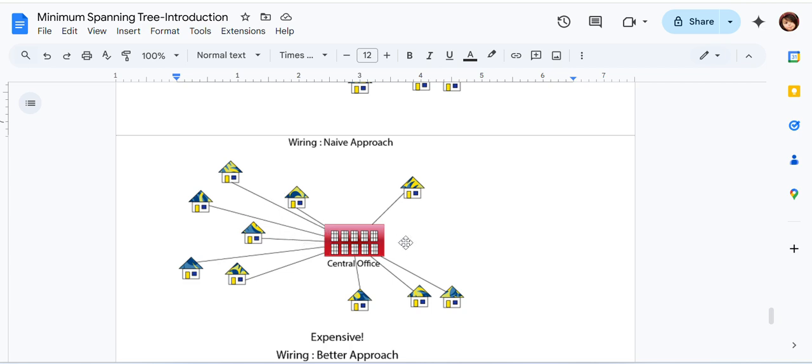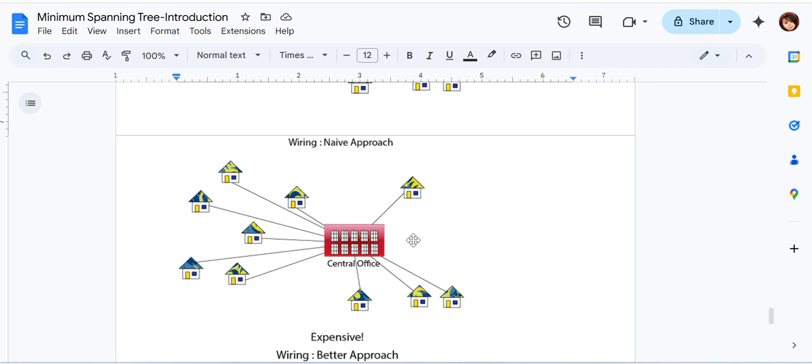A separate wire is used, which is a completely expensive idea. When you are scaling up the houses, you have to bring in more wires, which becomes costly again. So this is the idea of expensive. This is not a better approach.